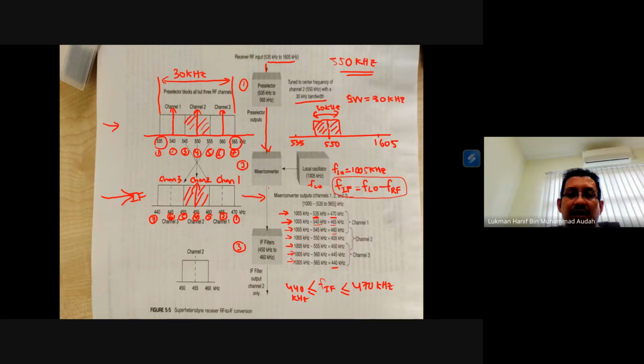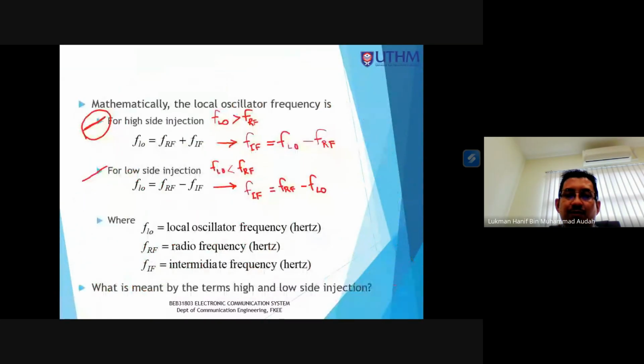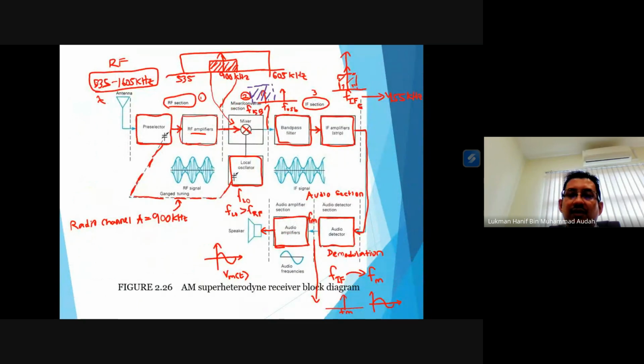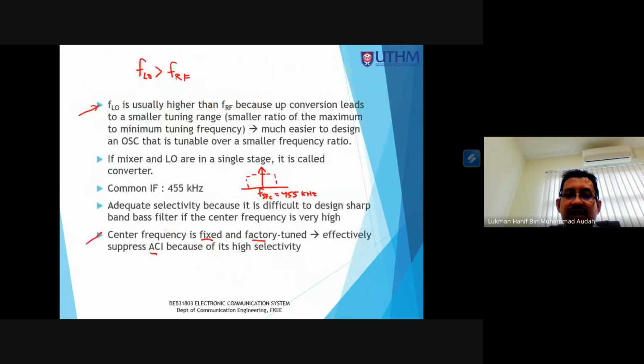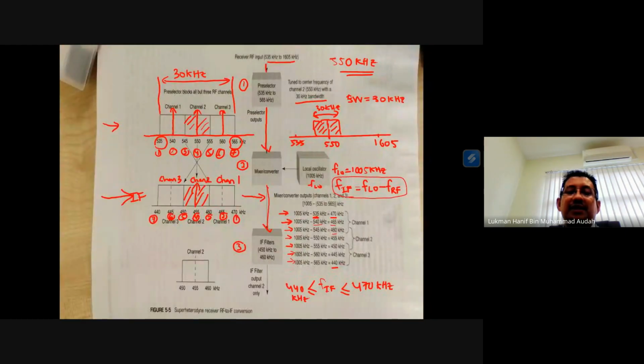Then we pass through the IF filter. Remember, the IF filter is a band pass filter, as stated in the previous slide. If I go back to the slide, which is this one, the band pass filter over here will select only the desired radio frequency channel.